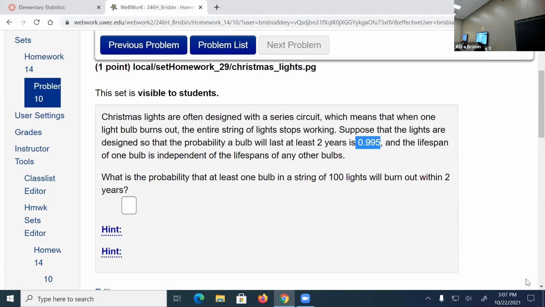So 100, comma, the probability we want to put in here isn't 0.995. Because we want to put in the probability of 1 yes result. So in other words, 1 bulb burning out. So we need to put in 0.005, comma 0.